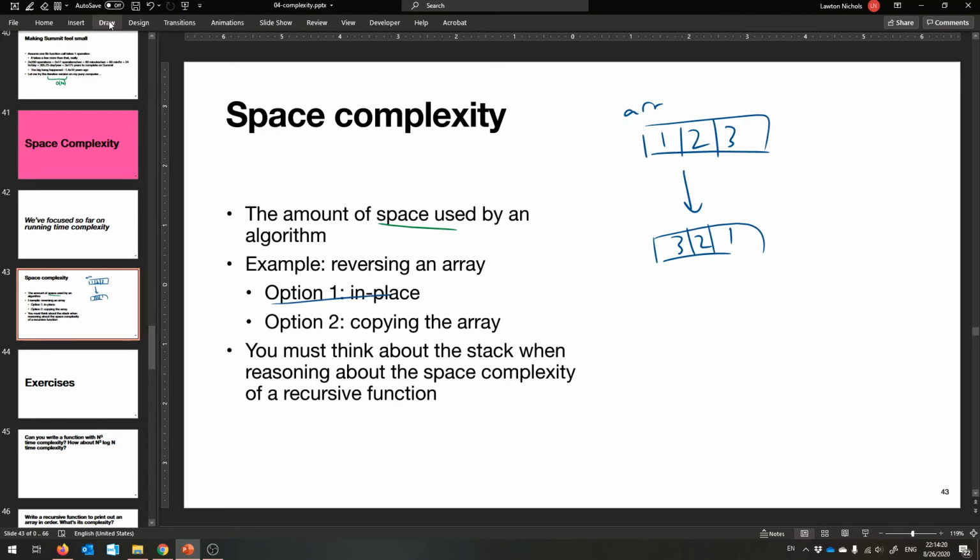If I do it in place, you start at both ends and keep swapping towards the middle. That requires 2 different indices that you keep manipulating, in a loop that takes half the length of the array. So it's O of n time complexity, but constant space complexity.